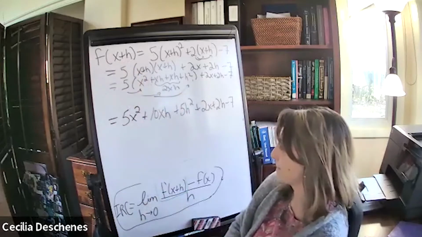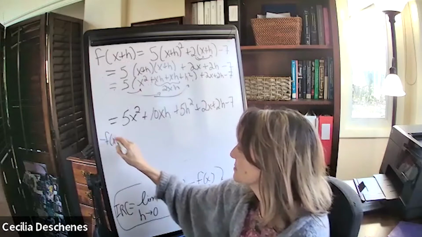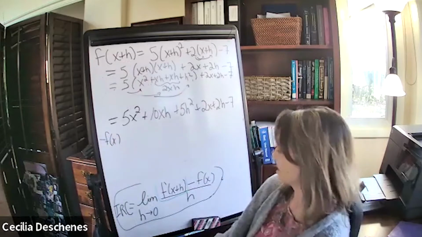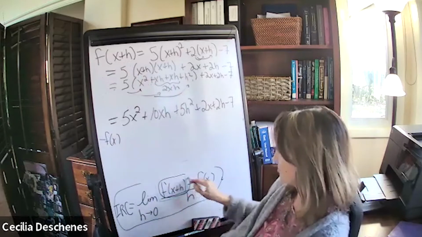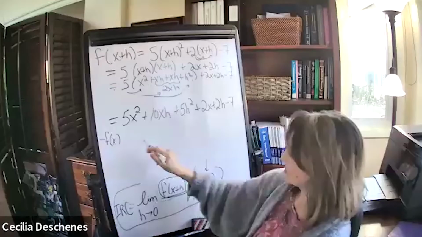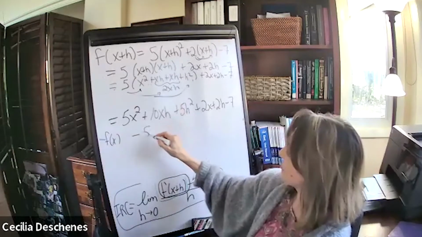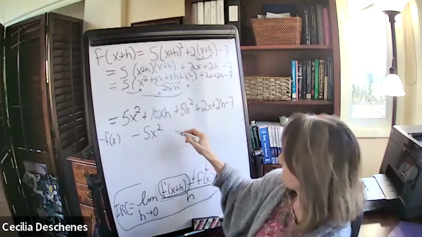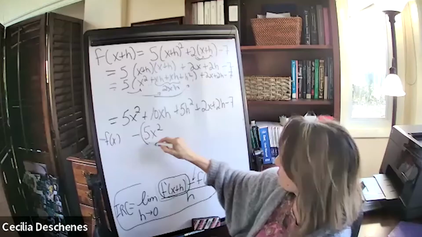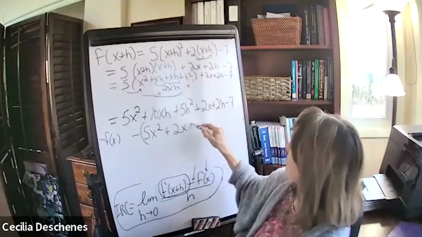Now there's no like term, so this big giant mess is what f of x plus h comes out to be. So now we're going to subtract f of x from this. That's what this says. Take f of x plus h, which we did, that's this big giant mess, and then we're going to subtract f of x. So we're going to subtract 5x squared, and I can put parentheses around it, I guess, plus 2x, and we have a minus 7.